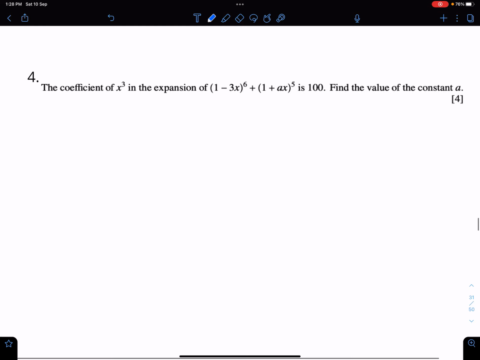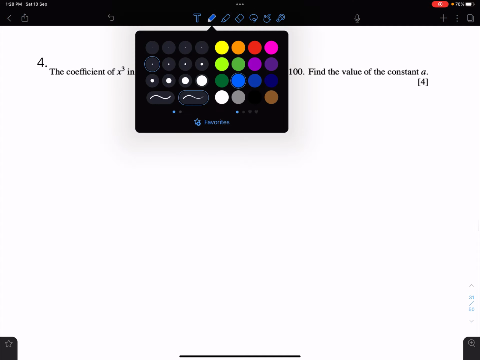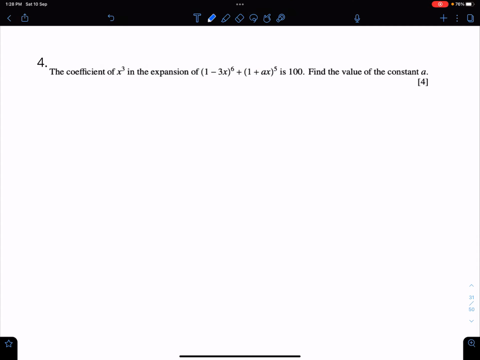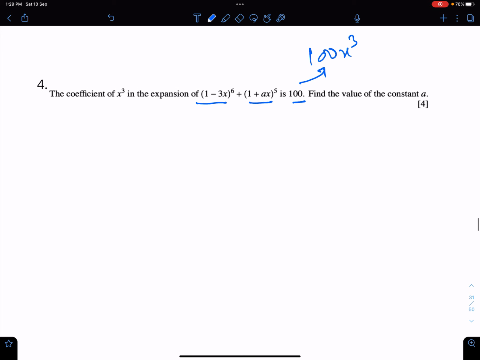Another example of simple expansion from a past paper. Well, the coefficient of x cube in this expansion is 100, meaning this is 100x cube in terms of x.